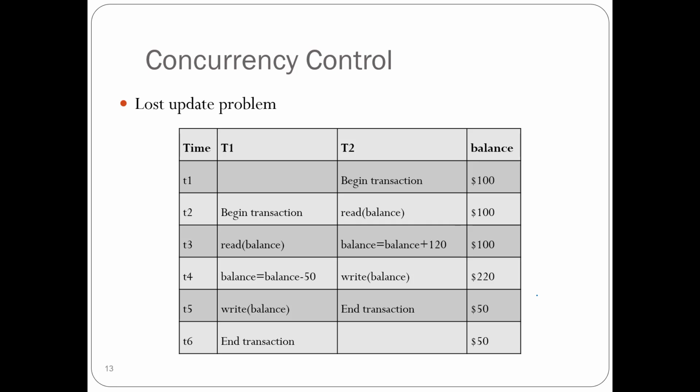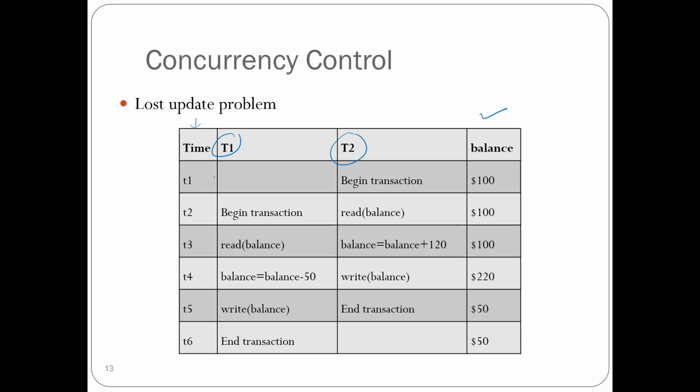In this picture, we are taking a very simple scenario involving two transactions, T1 and T2, and we want them to happen concurrently. In the first column, which is time, you can see T1, T2, T3, T4, T5 and T6.